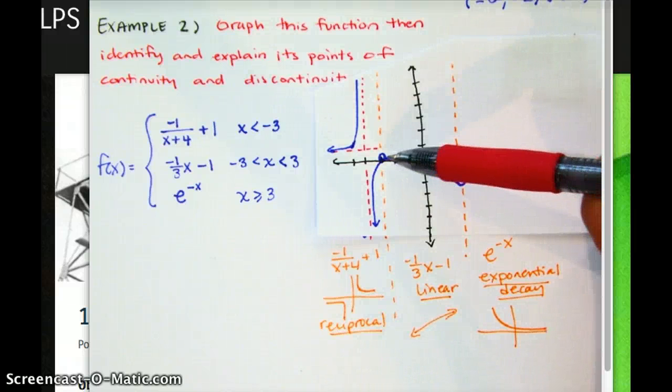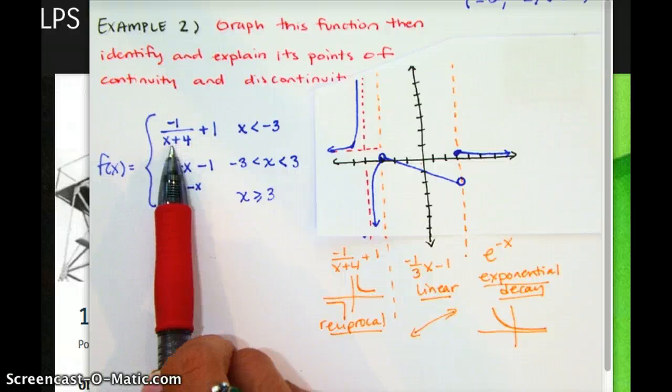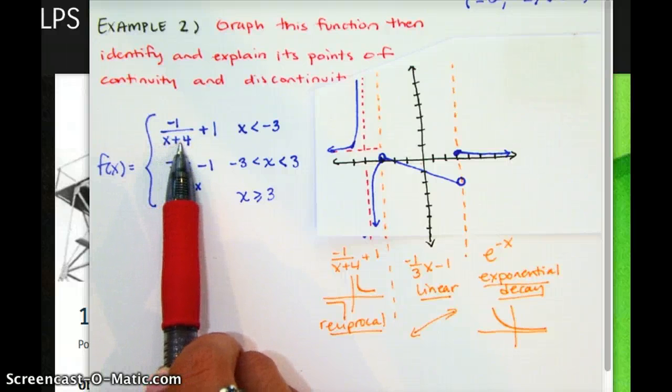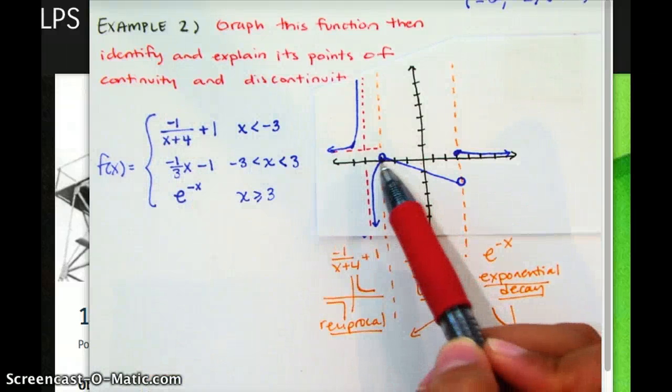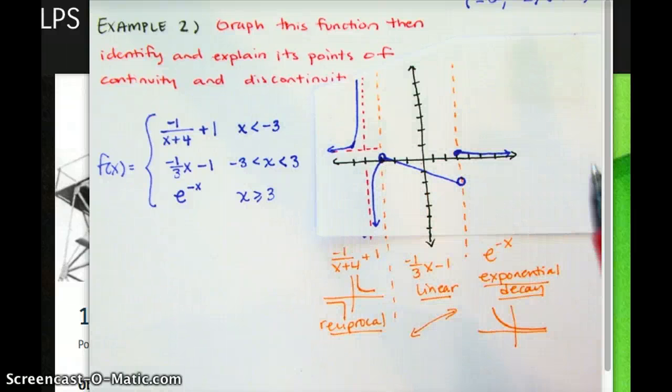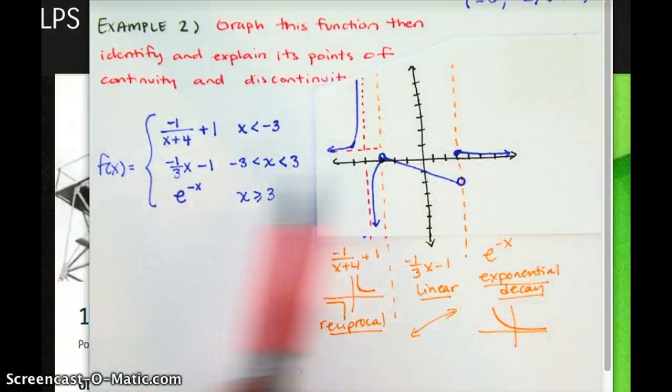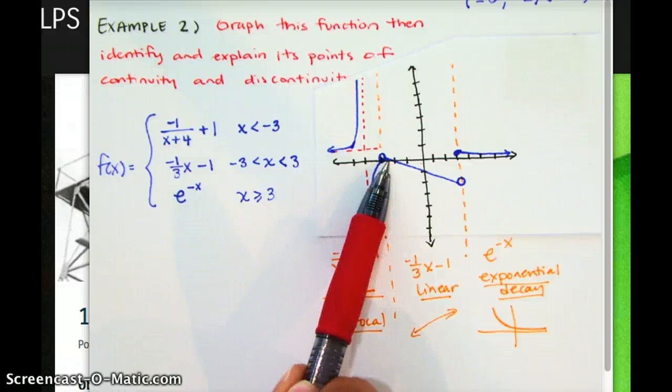If you plug -3 into the first function, a -3 on the bottom here makes this -1 over +1, which is -1 plus 1, which is 0, which is why this point is right at 0. If I plug in -3 to this function, I also get 0, which is how I know that they connect.